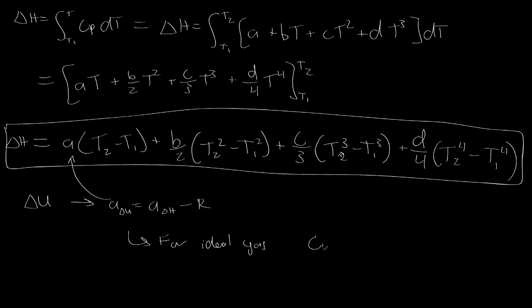And this is because C sub V is equal to C sub P minus R. So that's the only modification that needs to change when going from delta U to delta H in the calculations.